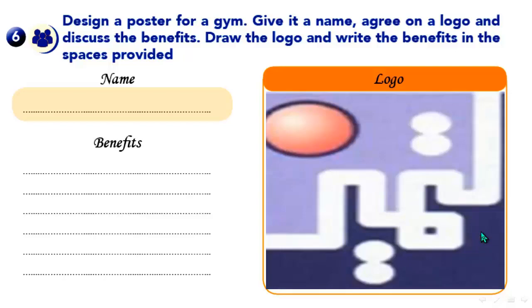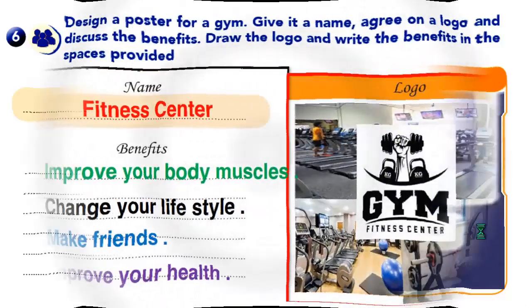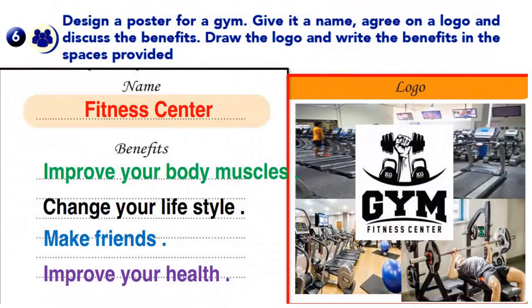So here you can choose your favorite poster and name it, or create a name for it. After that, write its benefits, or the advantages of your sport or your logo.